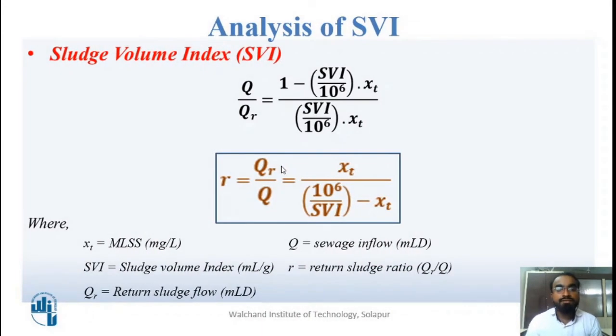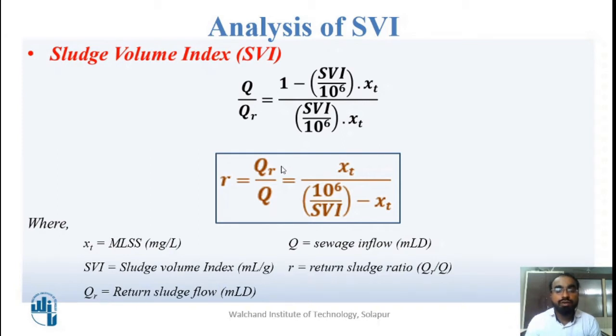If I want to go further, I can write it as 1 minus SVI divided by 10 raised to 6 into Xt, divided by SVI divided by 10 raised to 6 into Xt. Or in a more simplified way, I will take the denominator up and the numerator down.